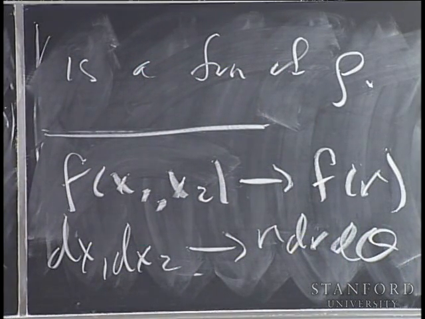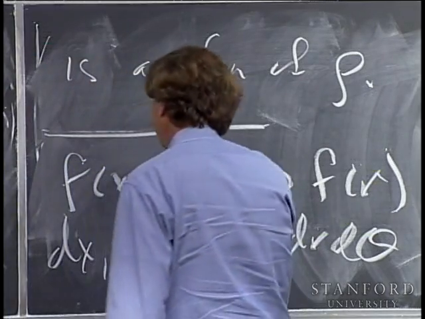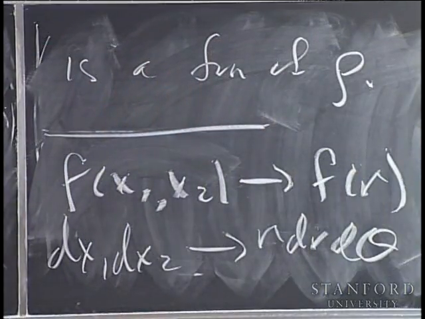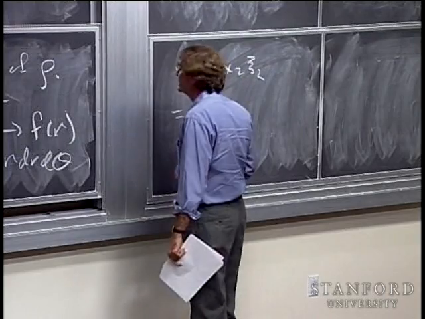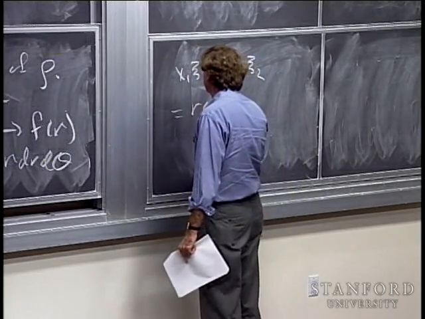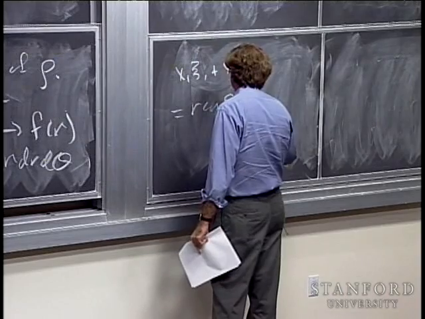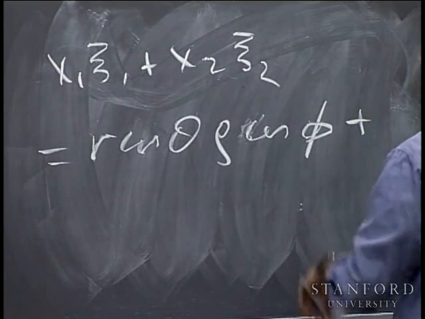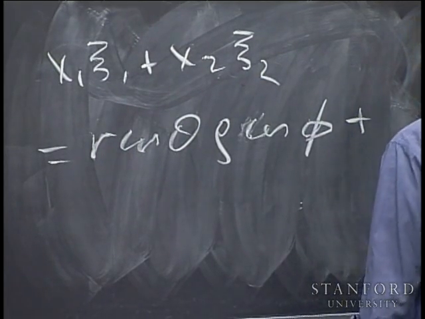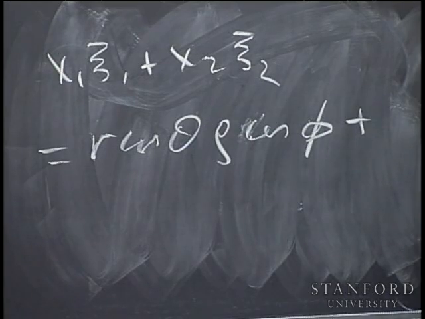The problem comes in, not the problem, but it's more complicated, in converting the inner product. That's what I mean when I say it's very Cartesian. You have to convert the inner product. What is the inner product? It's x1 c1 plus x2 c2. So I'll just write this out. It's r cosine theta times rho cosine phi plus r sine theta times rho sine phi.